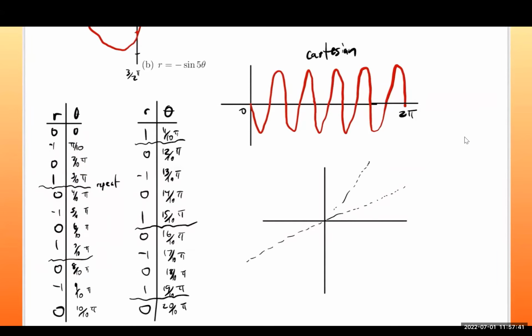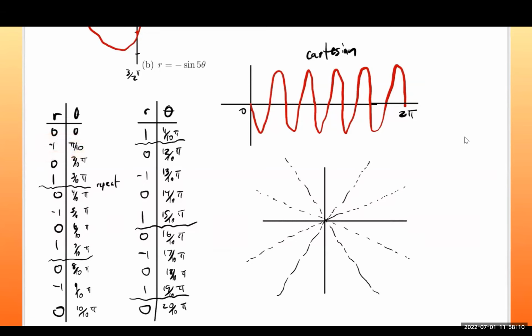And then there'll be another one at 4/10, which would be around here somewhere. And then another one at 6/10, which is going to be on this side. And then another one at 8/10, which would be over here on this side. And that's pretty much it.